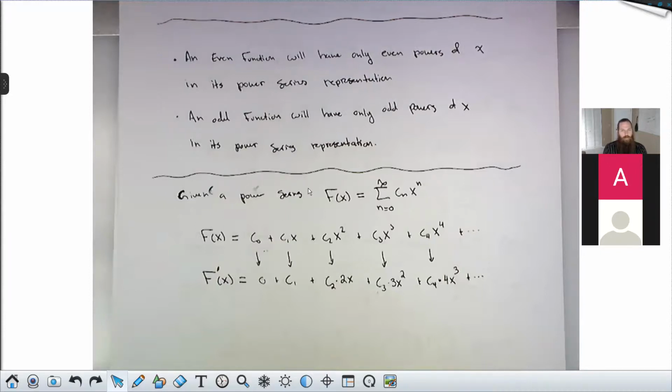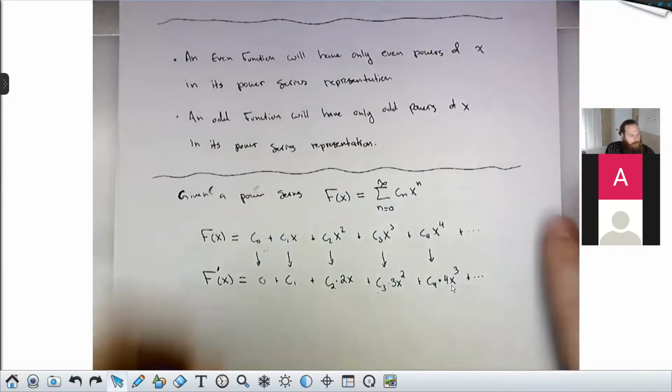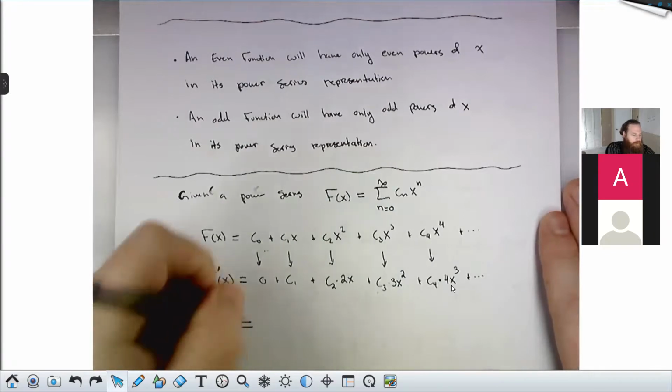In other words, you can take the derivative of a power series one term at a time. Just differentiate each term individually. Each of those derivatives is a power rule derivative. But then you can put this back into sigma notation.